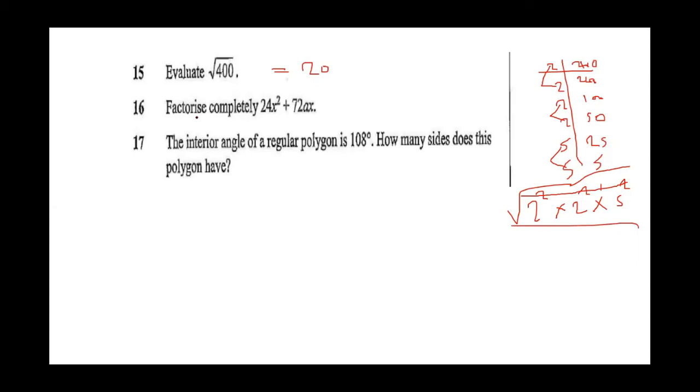Alright. Then factorize completely 24x squared plus 72ax. You just look for the number that can go into both 24 and 72, the highest common factor. For example, 6 can go into 72 and 6 can also go into 24.